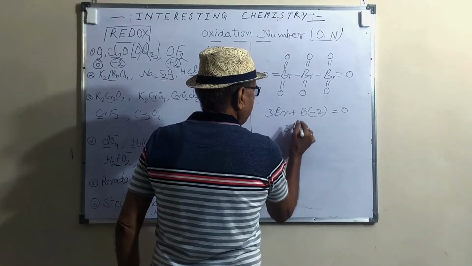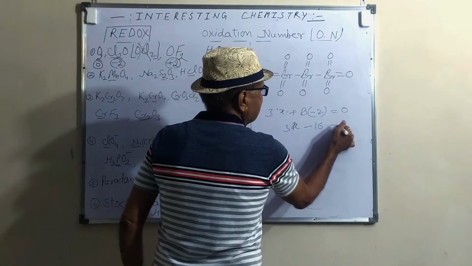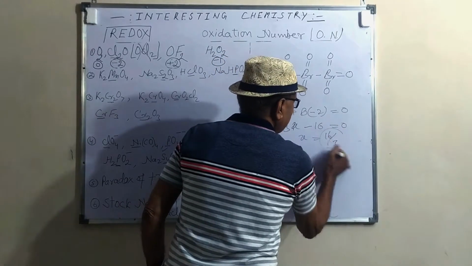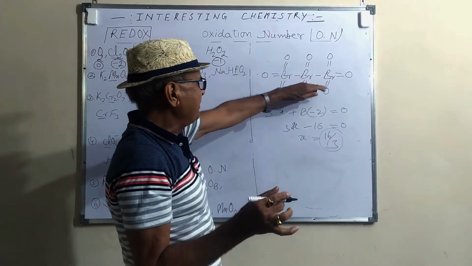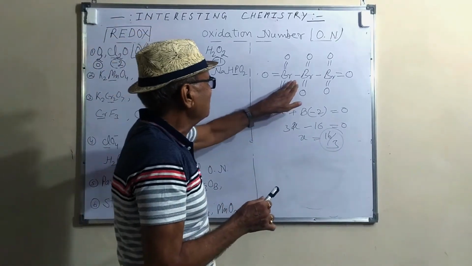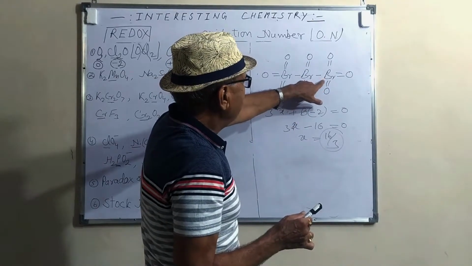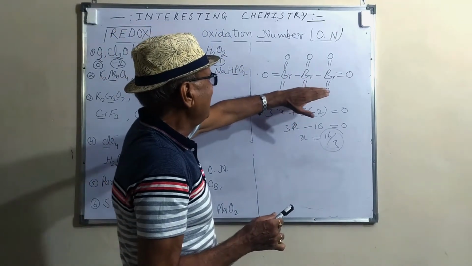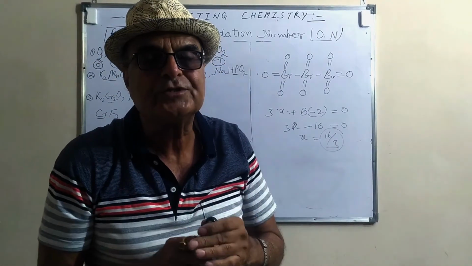So 3x minus 16 is equal to 0, so x is equal to 16 by 3. Again the oxidation number of the bromine is 16 by 3, but this structure shows us that these bromine atoms are in different oxidation states.